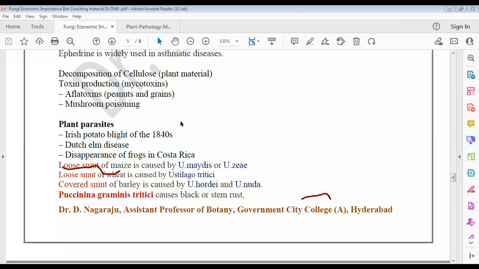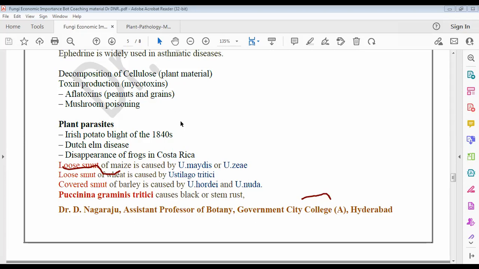And also the Bengal famine in our Bengal, before independence, 1942. Bengal famine was caused by, can anyone say, on which crop, by which fungi? No, sir, I don't know.